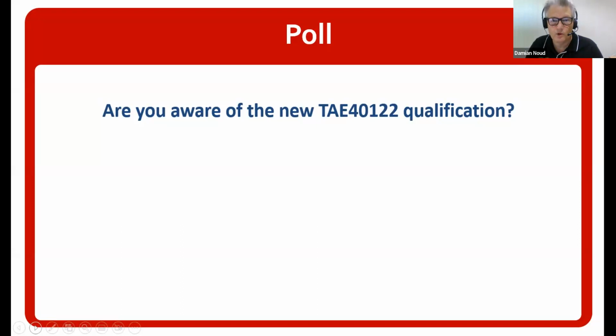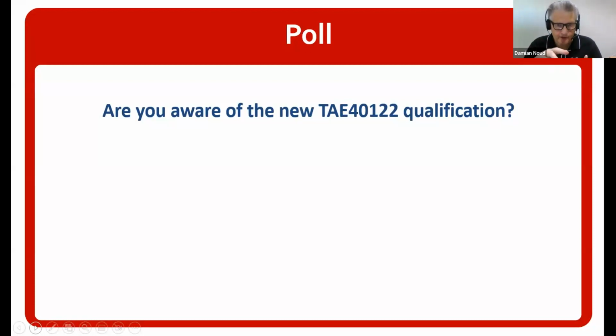The national standards currently say that it's quite okay to have either TAE 40110 plus TAE LLN 411 plus TAE ASS 502, or have TAE 40116 as effective training and assessing credentials for RTOs. Nothing's changed because of the new qualification being released.